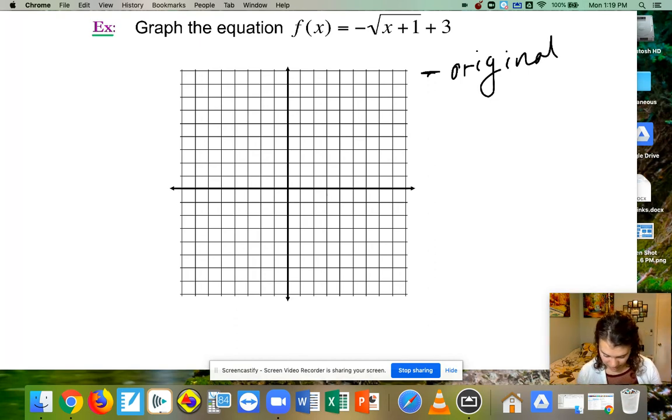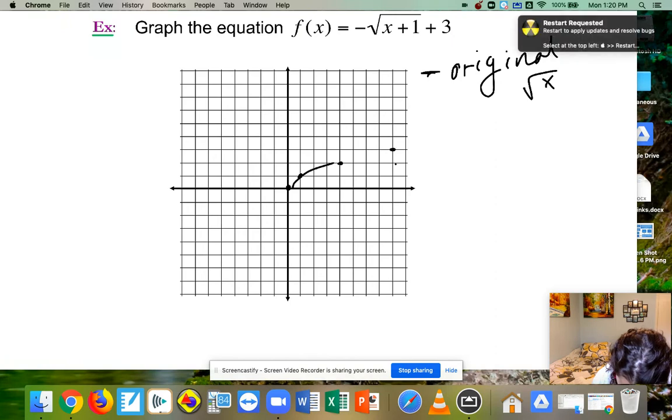So if we graph the original, which is going to be like a square root of x, is our basic function. We're going to start at 0. At 1, we'll be at 1. At 4, we're going to be at 2. And at 9, we'll be at 3. So this is your original square root of x function.